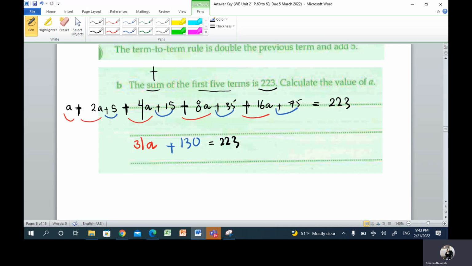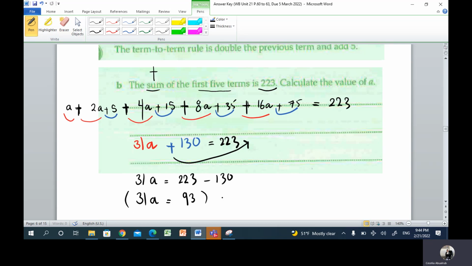Now we have a linear equation with one unknown, which is a, and we can solve it by transferring the 130 to the other side of the equal sign in order to isolate a. So 31a is equal to 223 minus 130, which is 93.